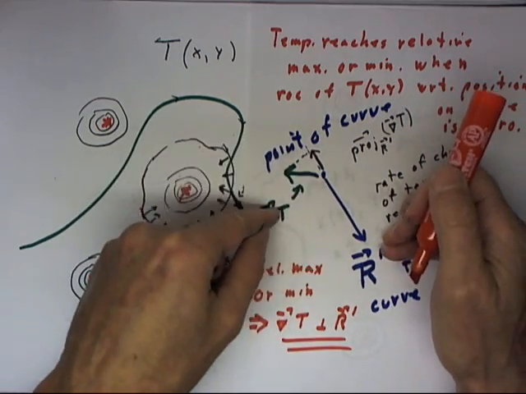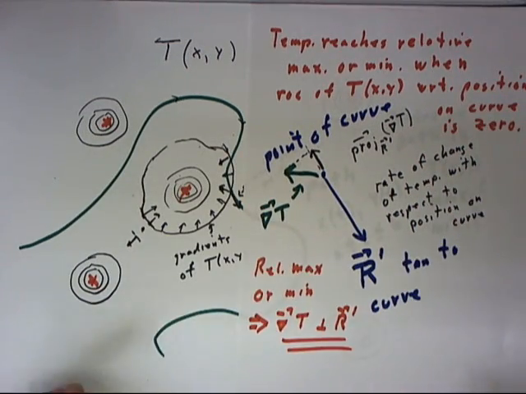Because of course the projection of one vector onto another is 0 when those vectors are perpendicular.